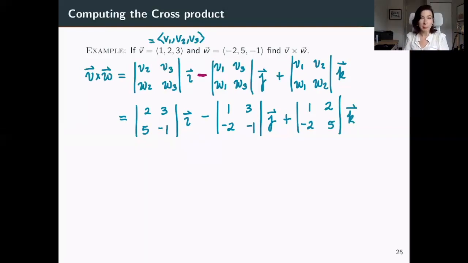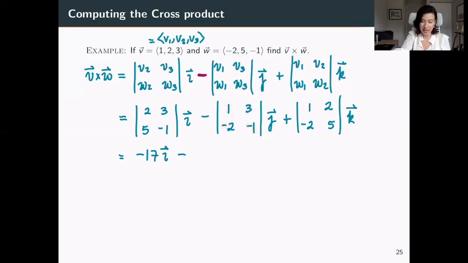Now we just need to compute the determinants of each one of the components. In the first case, we get 2 times negative 1, negative 2, minus 15, which will give me a total of negative 17i. Then I know that I have that negative, and finding the determinant of the next matrix, we would have 1 times negative 1, minus a negative 6.